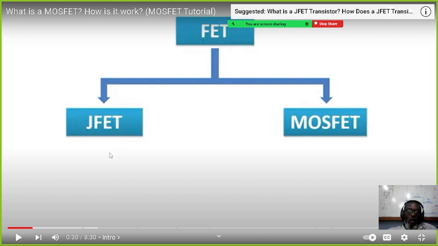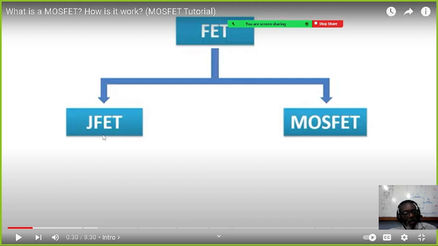All right. What is one type of JFET? A depletion type, isn't it? What is it, N channel or P channel? Depletion type. I say N channel. N channel. All right. What about the MOSFET? How many types of MOSFET do you have?